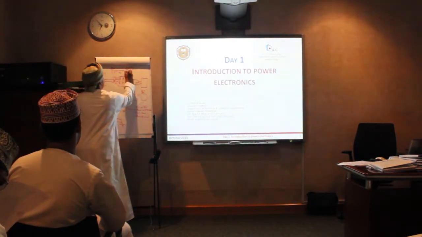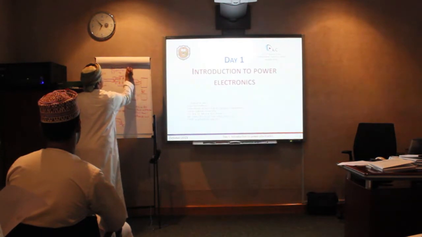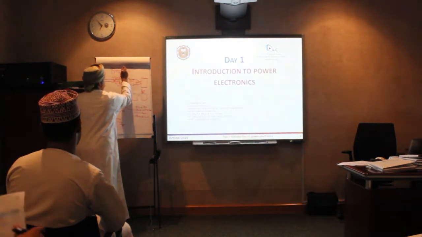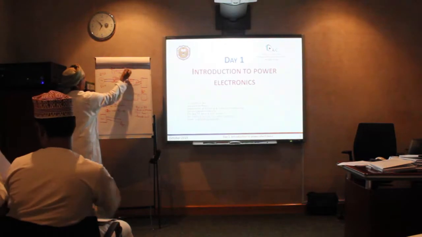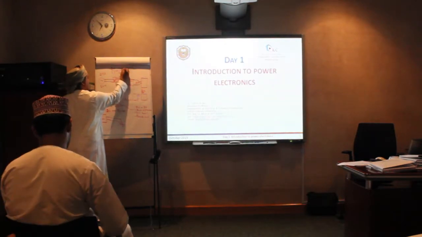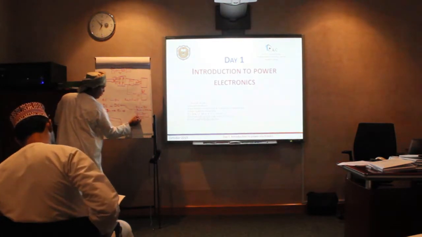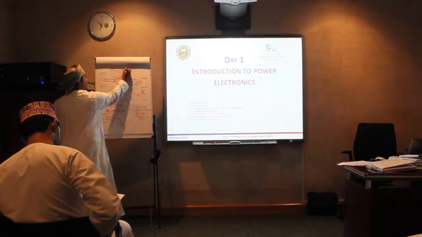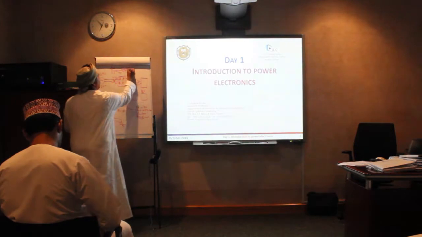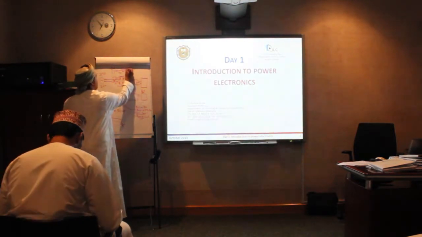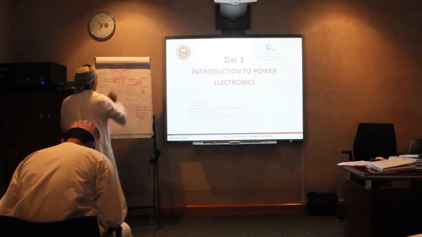So you will have this DC, and by the way, if it is 12 volt, you first need to put another circuit like a buck boost circuit or boost circuit in order to boost it up, and then hook it to the inverter. What the inverter will do is change the DC to AC.